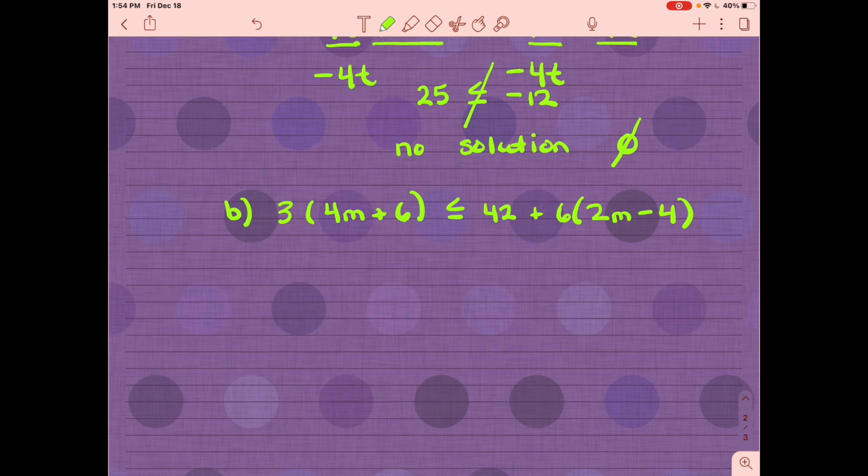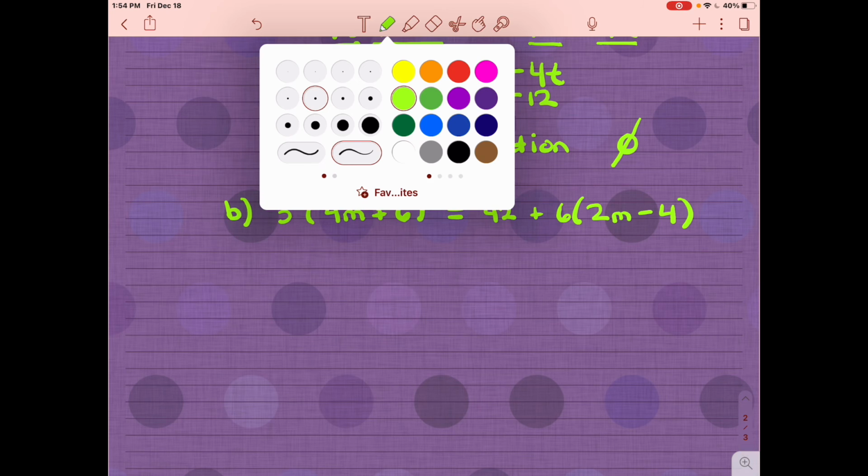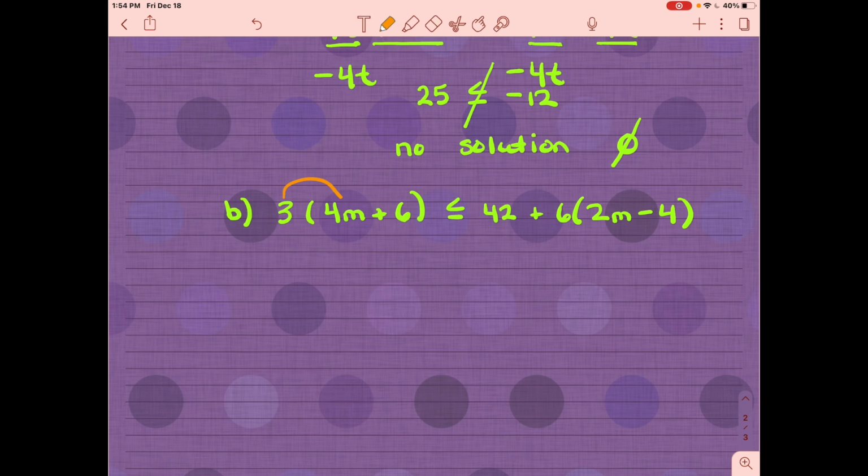And again, I might want to use the distributive property to free up those m's from the parentheses so that I can get everything combined. So I have 12m plus 18 is less than or equal to 42 plus 12m minus 24.